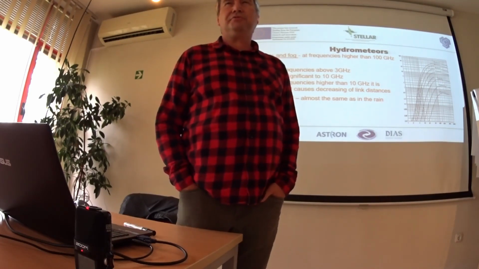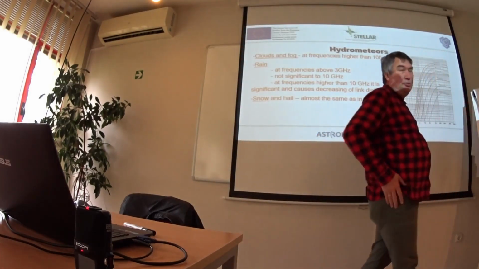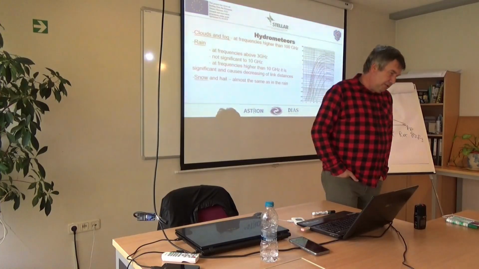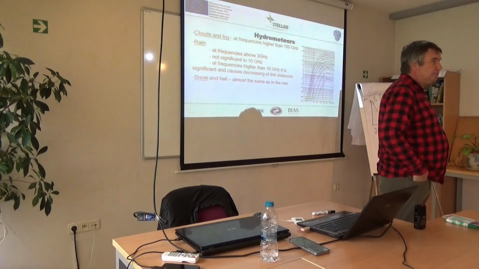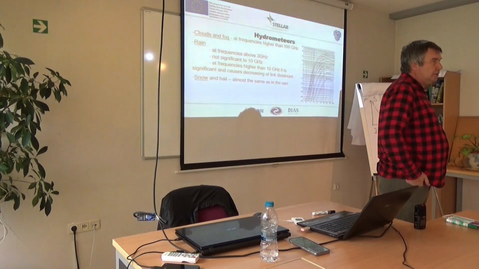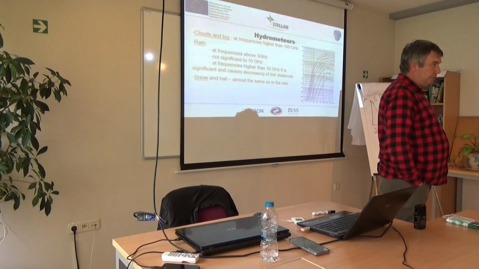ITU is the International Telecommunication Union, and this is the radio section of this union. In this recommendation are described models that you can use for calculation of rain attenuation.